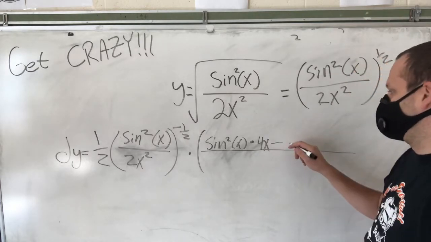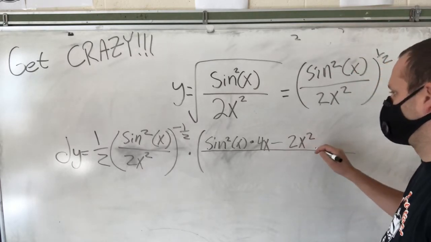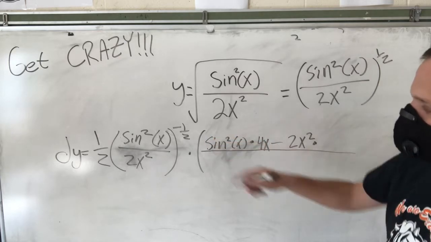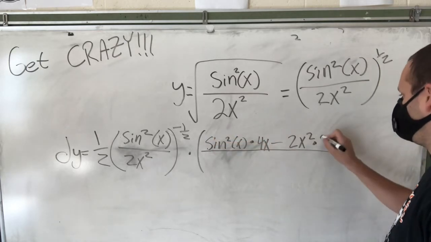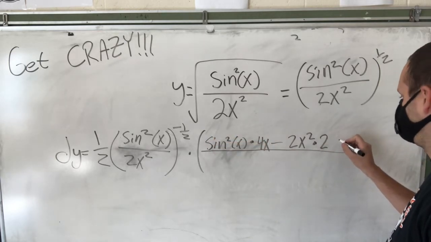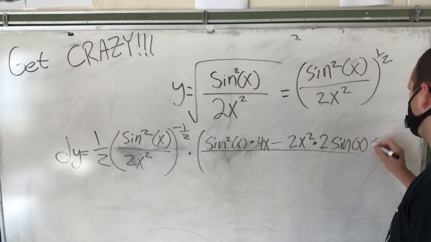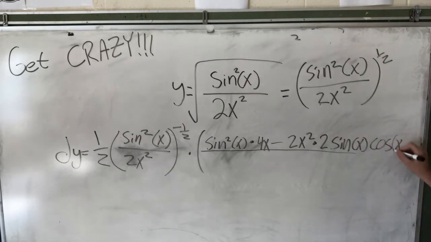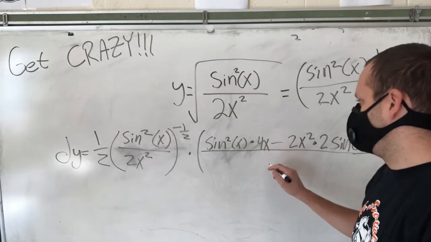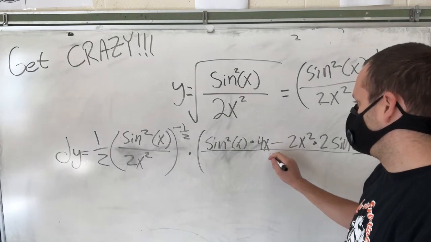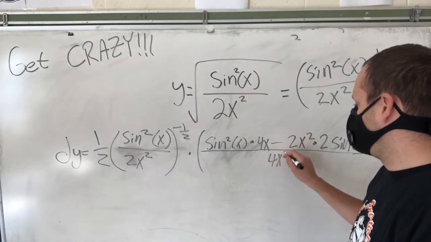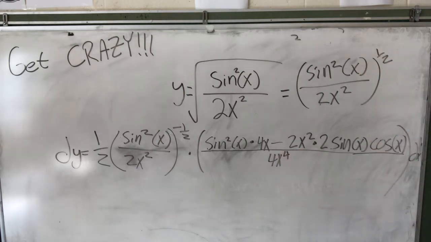Minus the bottom times the derivative of the top, which would be 2 sine x cosine x, all over the bottom squared, which would give us 4x to the 4th, okay?